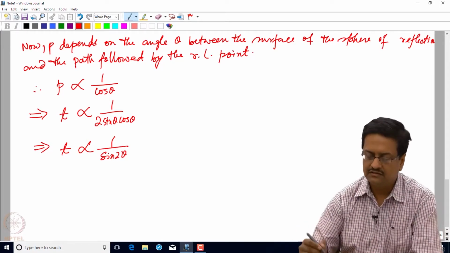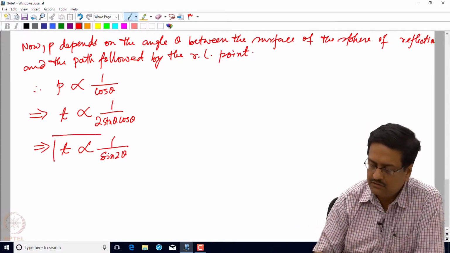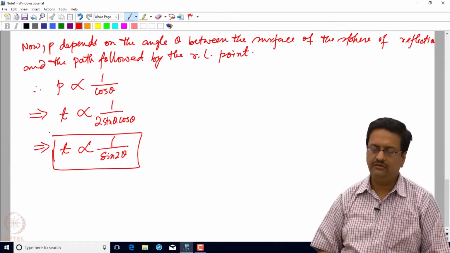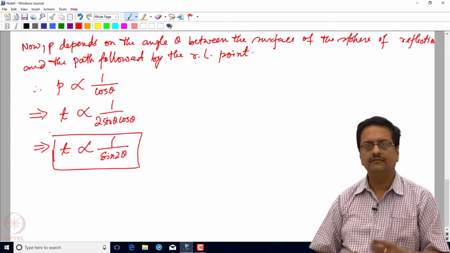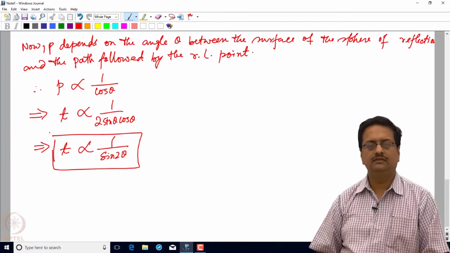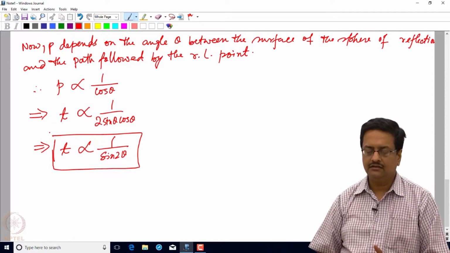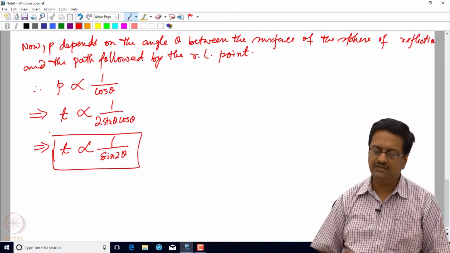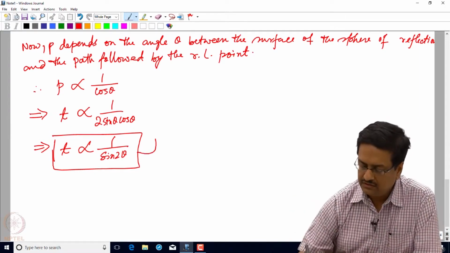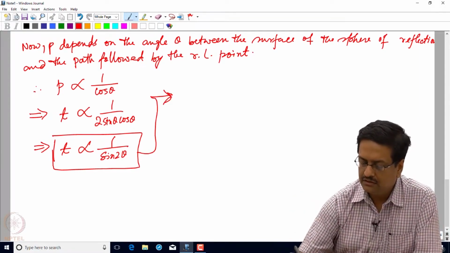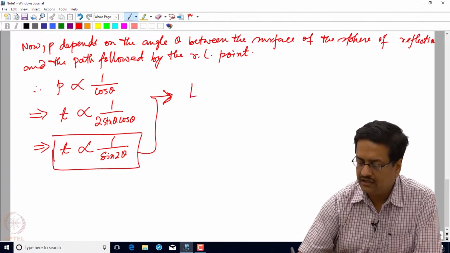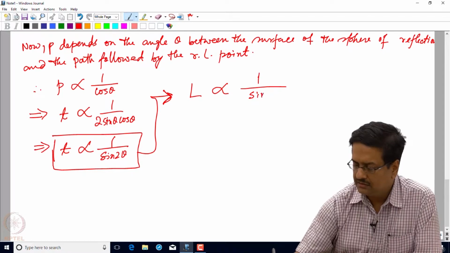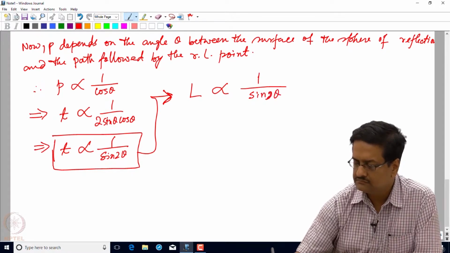So it means this t is the time taken for a reciprocal lattice point to pass through a given Ewald sphere, and the Lorentz term is what is represented by this time t. So eventually this t can be replaced by L, and we can write L is proportional to 1 by sine 2 theta.